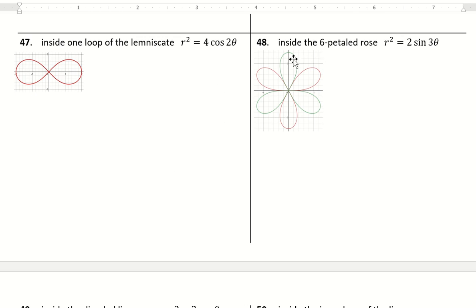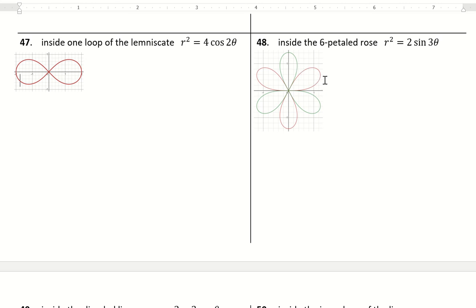But inside this 6-petaled rose, once again, r squared. When you graph this, it's like positive square root of this and negative square root of that. It's crazy. With these roses there are negative radii and stuff, so it doesn't hurt to throw some absolute value into your integral to make sure that you're accumulating area.